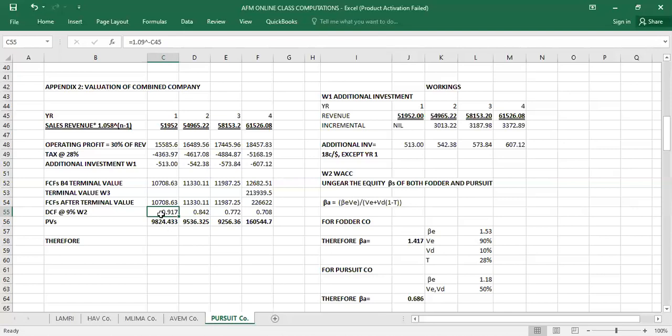Is your 9% for year 1 not 0.917? I hope you didn't start from year 0 and put 1.00. There's no year 0 for valuation. We don't use 0. There's no 0 for valuation, even in the other one, except you're valuing a project where you're investing.